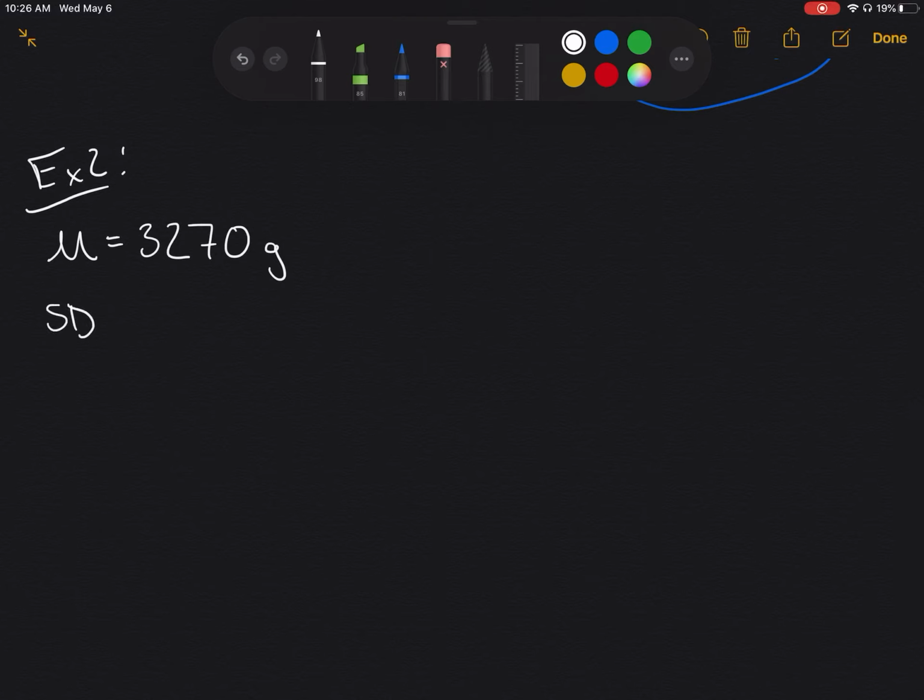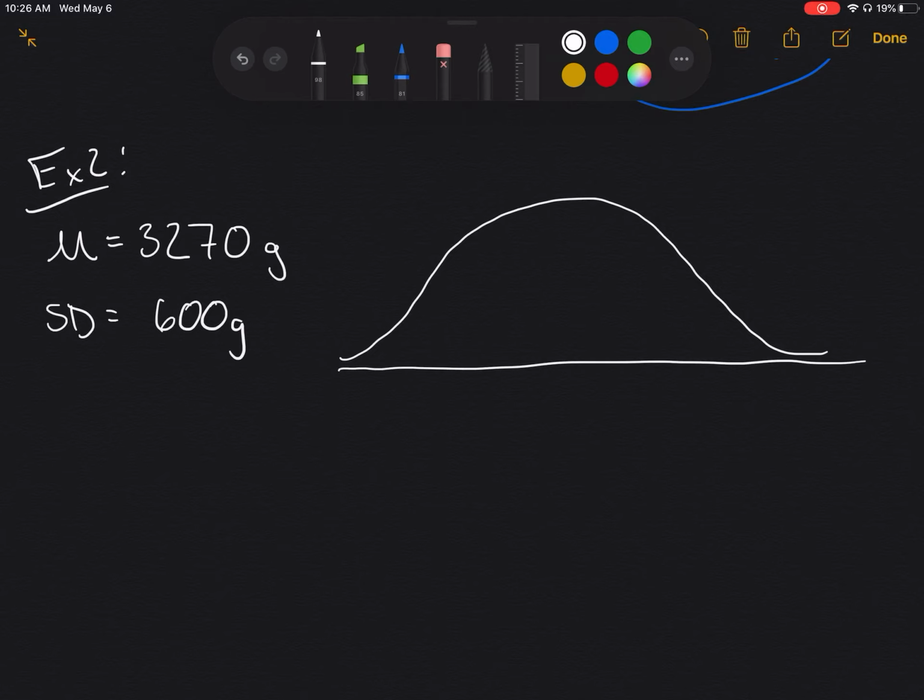And the standard deviation, the variation between these children's weights, is 600 grams, right? So I'm going to draw a picture because that helps me, and I think that'll help you too. But if you do not want to, then you technically don't need it to solve the problem.